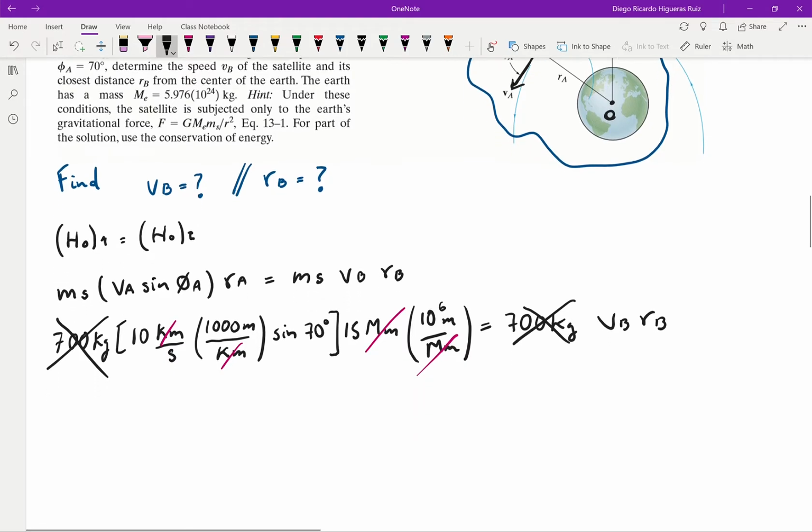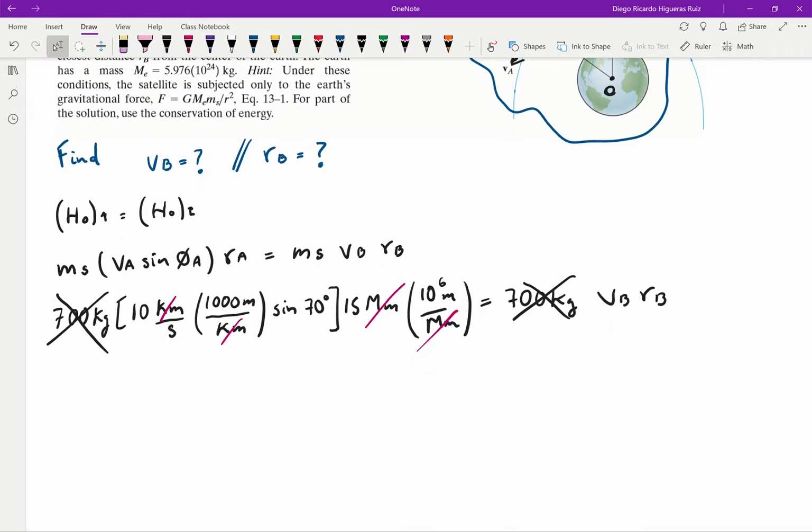Okay, I'm gonna go ahead and solve for some. So let me make sure. I'm gonna solve for this. Just need to do some quick calculation right here, so bear with me.